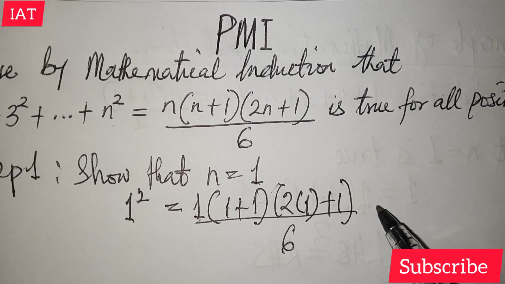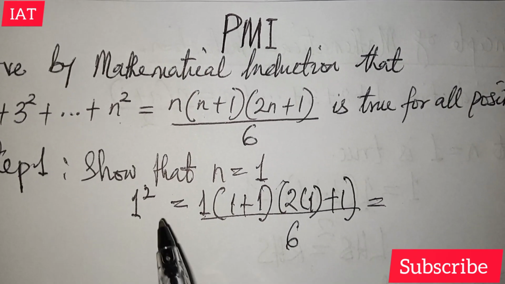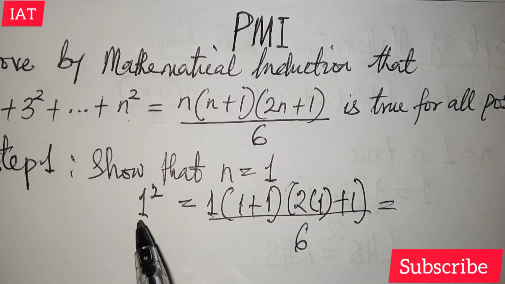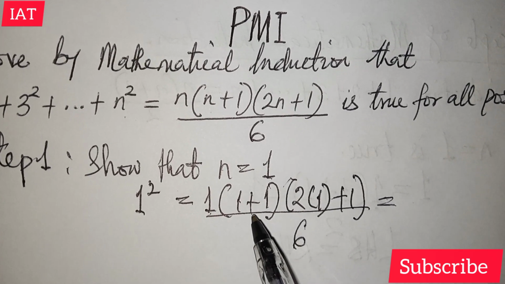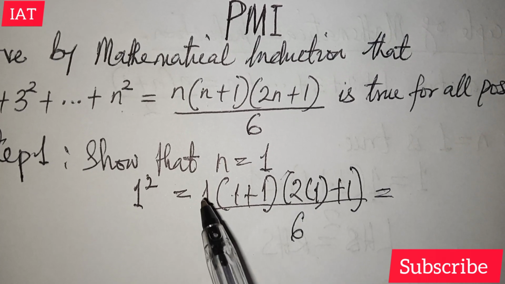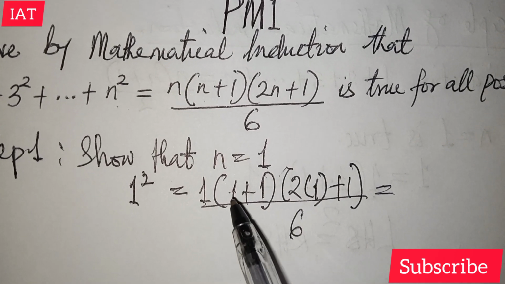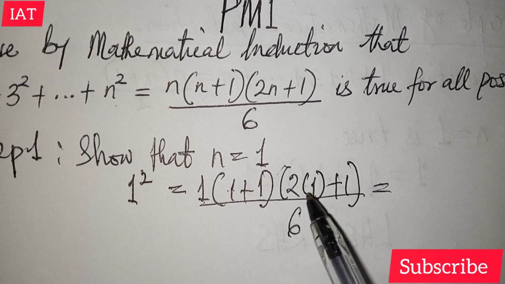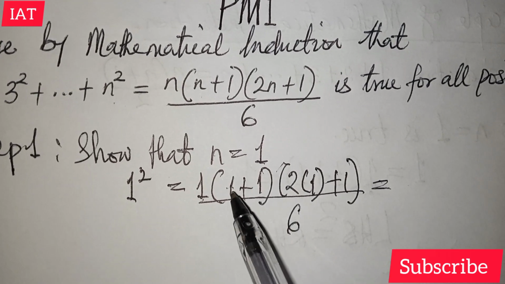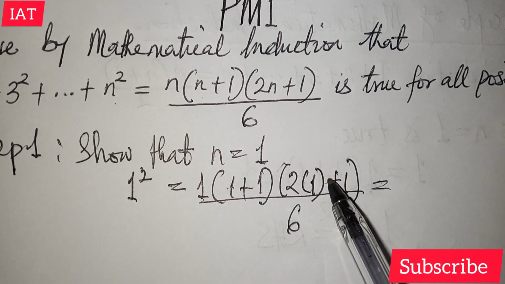All right, so what do we have? Of course, 1 squared is the same thing as 1 times 1, and the result is 1. On the right hand side, we have 1 plus 1, that is 2, and then 2 times 1, that is also 2. On this bracket, we have 2 times 1 to be 2, and 2 plus 1, 3. So the 2 we have here multiplied by 3 will give us 6.